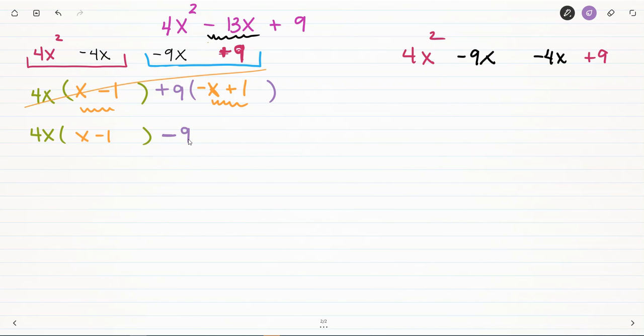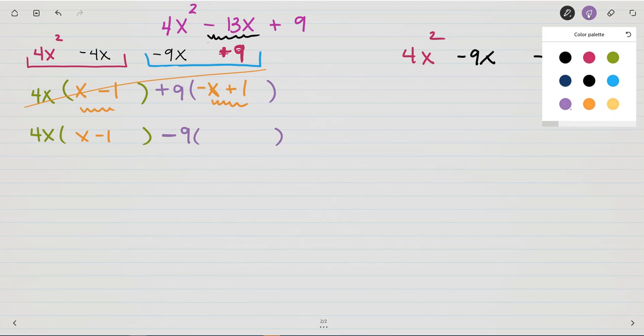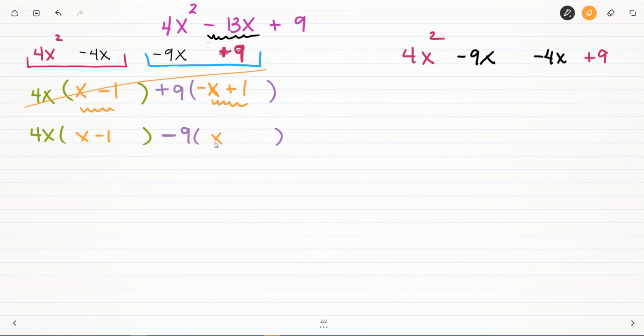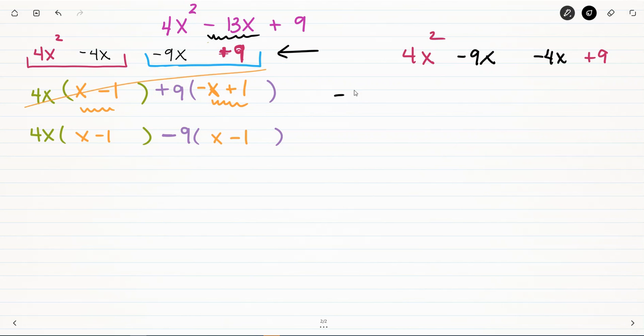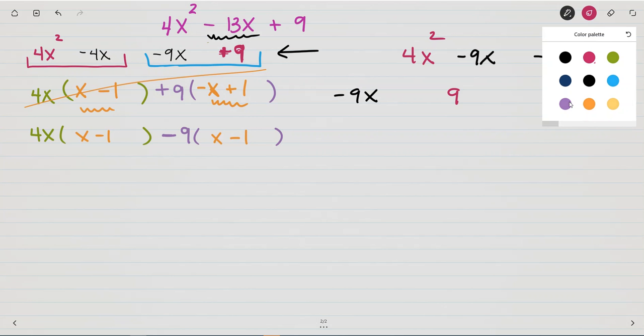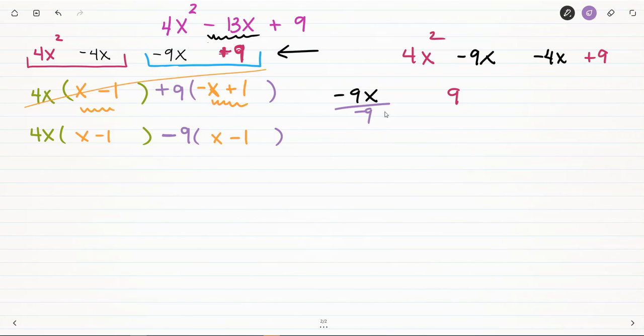So instead of using a positive 9, I'm going to see what happens when I do a negative 9. And sure enough, I get the x minus 1. Let me show you why, just in case you're not sure. I'm up here with this negative 9x, and then with the 9, and I'm dividing those by our negative 9.